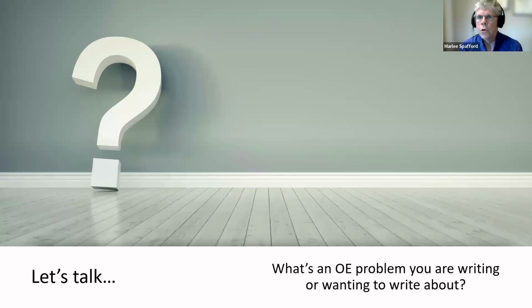So use the chat feature to say, what's an optometric education problem that you are writing about or would like to? And if you feel like you haven't really articulated the problem, and you're more at a topic, where you know the topic you're interested in, write that. That's okay. We're just interested in knowing what you're thinking.